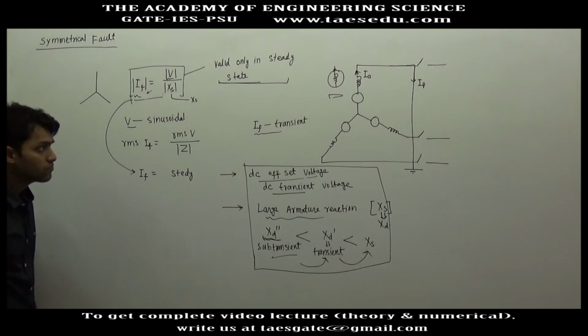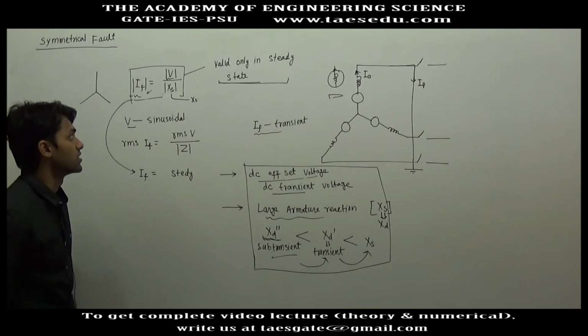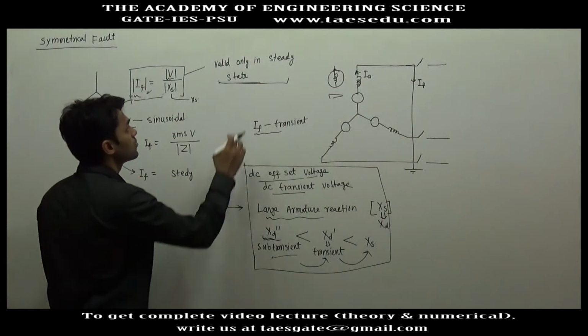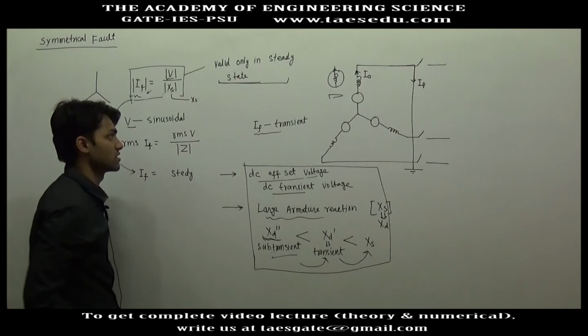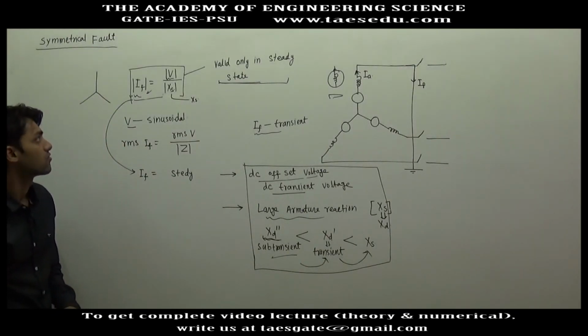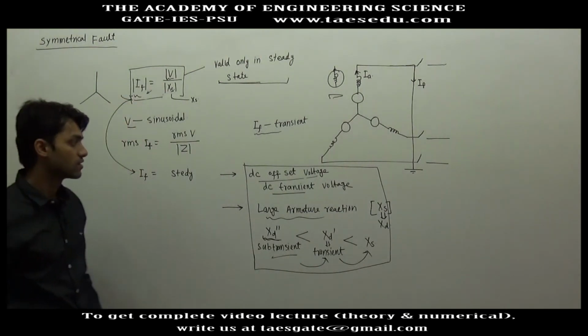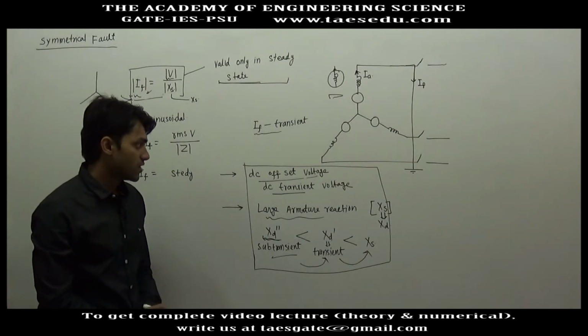Because we cannot leave the generator in the faulty condition up to the time when the steady state is reached, because the fault current is very high. So we cannot leave the generator under faulty condition till the steady state comes. We have to clear the fault very quickly.